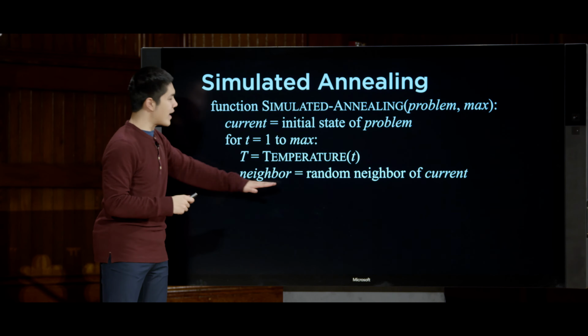So by taking two edges and just switching them, I have been able to consider one possible neighbor of this particular configuration, and it looks like this neighbor is actually better. It looks like this probably travels a shorter distance in order to get through all the cities than the current state did.